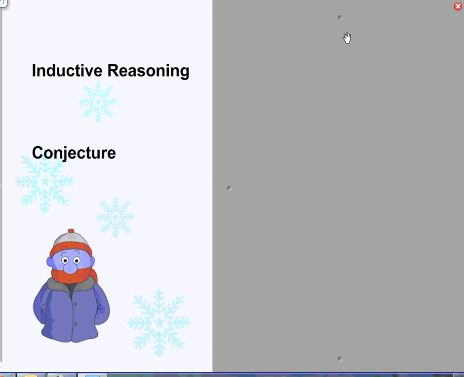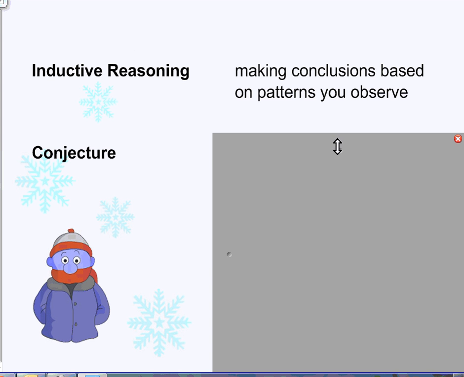So we have some vocabulary in this particular section that is very important to know. The first word is inductive reasoning. Inductive reasoning is making conclusions based on patterns you observe. So this whole idea of filling in the next couple numbers in a sequence is actually specifically called inductive reasoning.